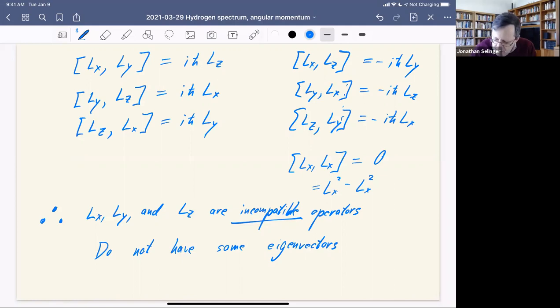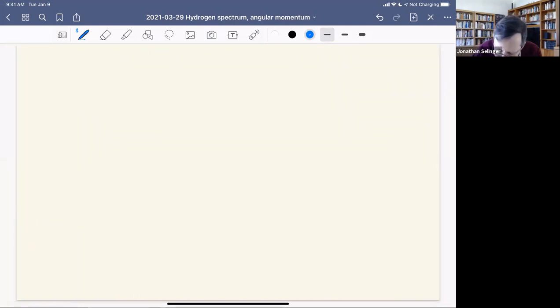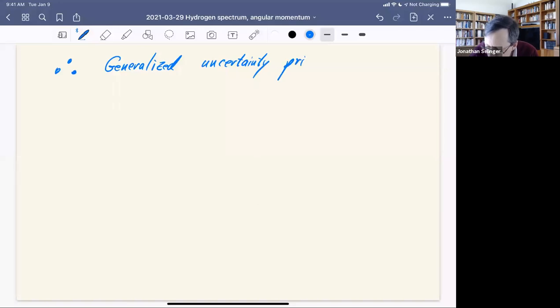Likewise, it tells us that there is a generalized uncertainty principle. You remember the generalized uncertainty principle says that the product of uncertainties between any two operators is related to the expectation of the commutator between them.